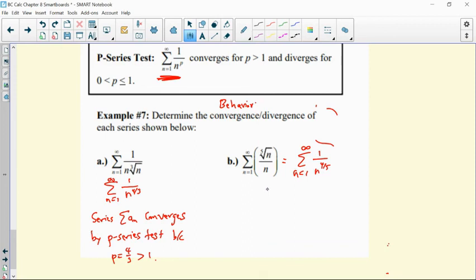So I could say my series a sub n diverges by p-series test because your p-value is equal to 4/5, which is less than 1.